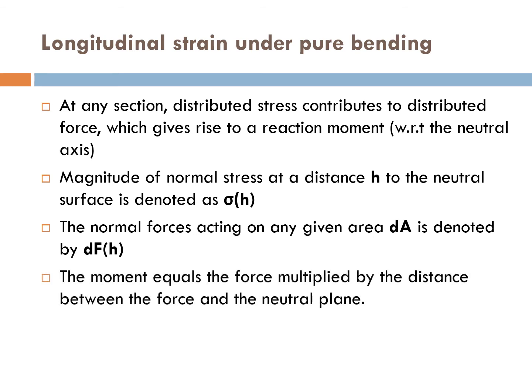The moment equals the force dFh multiplied by the arm between the force and the neutral plane. That is, dFh into the distance between the force and the neutral plane, that is h.